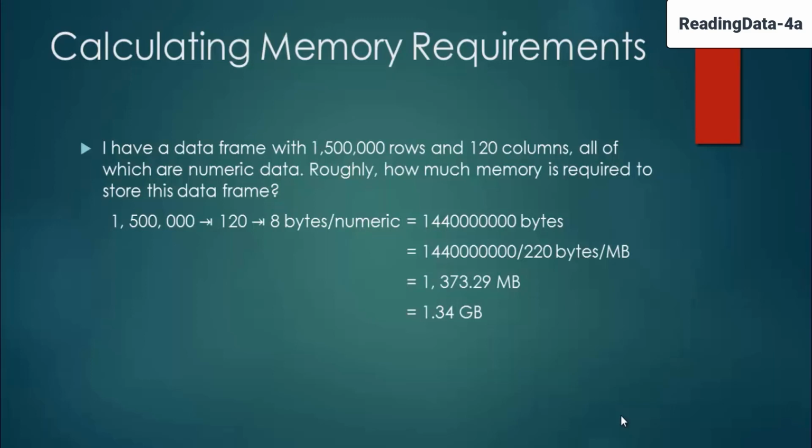Let's say for numeric it's 8 bytes, and if you have some 15 lakh rows, which have 120 columns, and each will have 8 bytes per numeric, so it will be 8 into 120 into 15 lakh, which will give you 144 into 10 to the power 7 bytes.